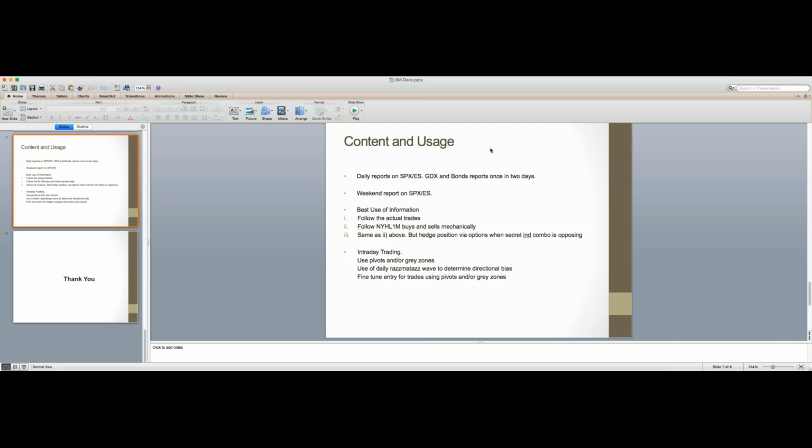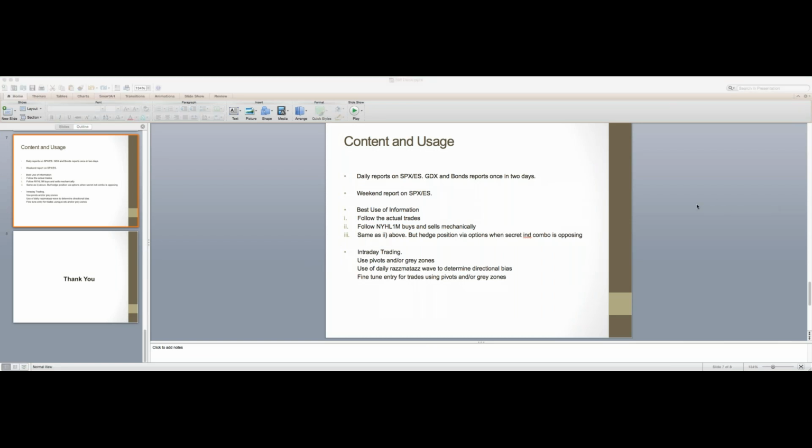The other way is just follow what the NYHL 1M is doing. So when it goes to a buy, when it goes to sell, or short, if you are set up to short. That is a completely mechanical way to do it. And in some ways it will probably even be better than following my trades.